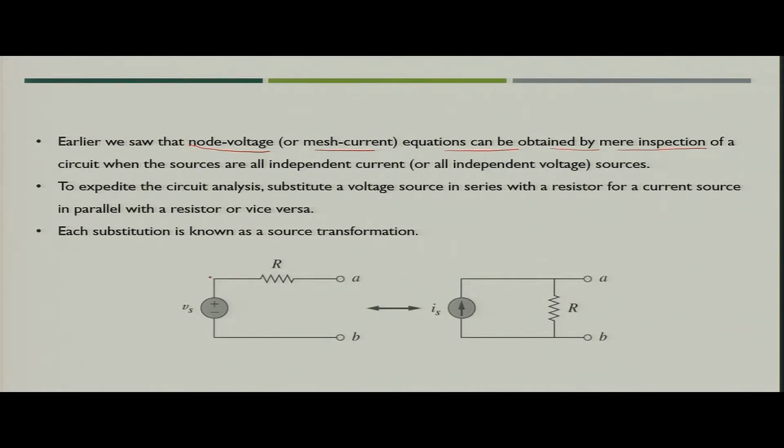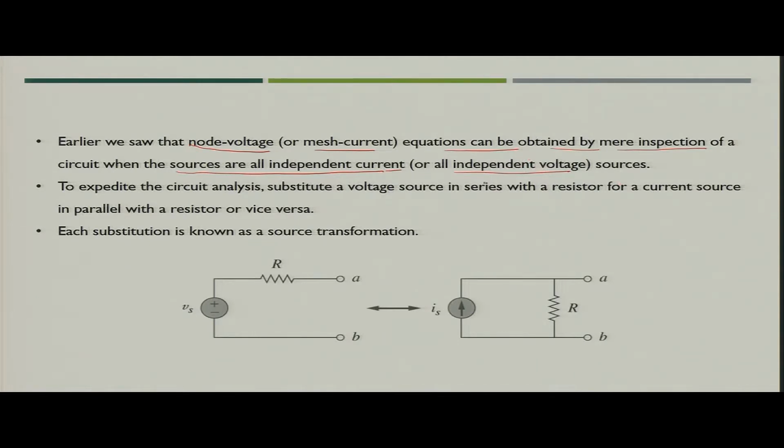Similarly, in node voltage we were assigning voltage at the node, and using Kirchhoff's voltage and current laws we were trying to identify the node voltage values. We were doing this with either independent current or independent voltage sources, and we also discussed that the same technique can be used for dependent current as well as dependent voltage sources. Now, this we have already discussed.